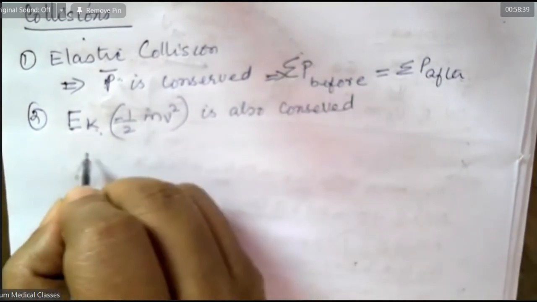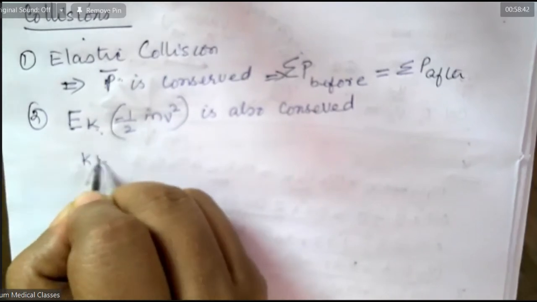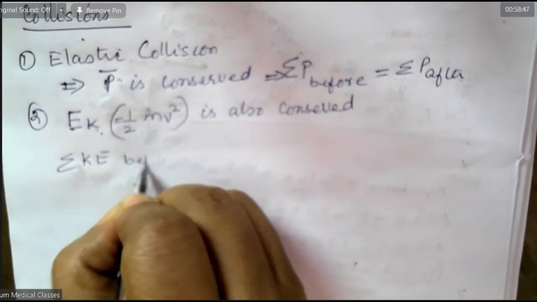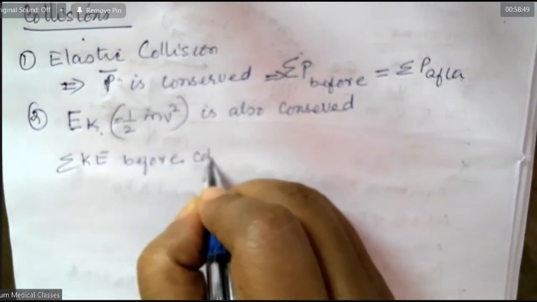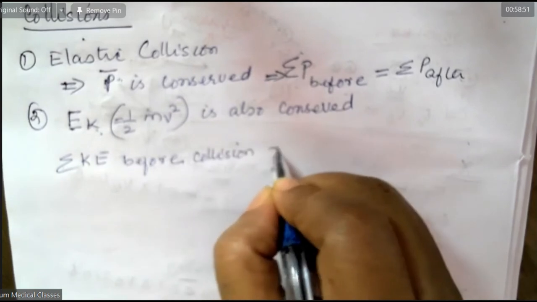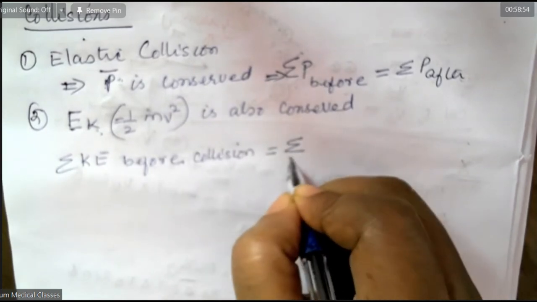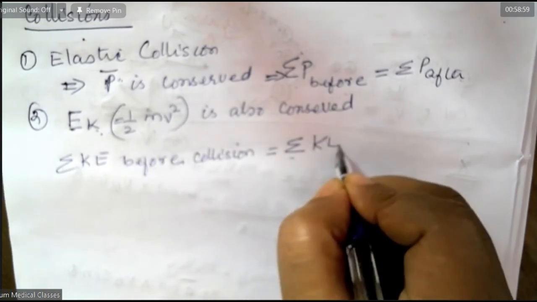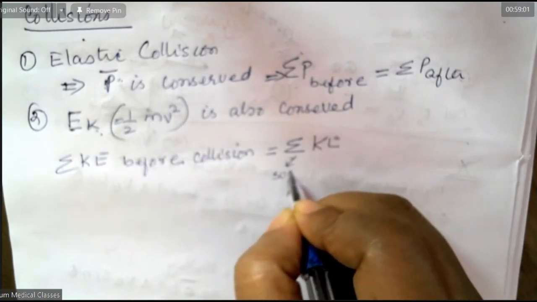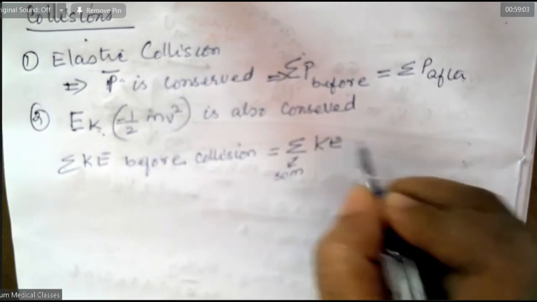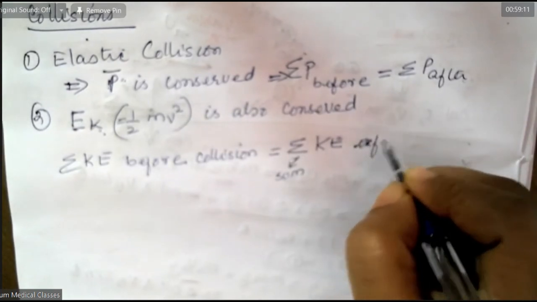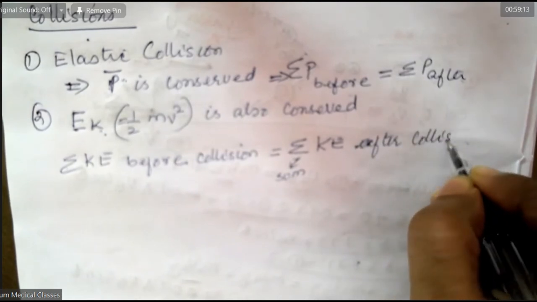What does this mean? This means that the sum of the kinetic energy before collision is equal to the sum of the kinetic energy after collision. You understand what you mean by sigma? It means sum.